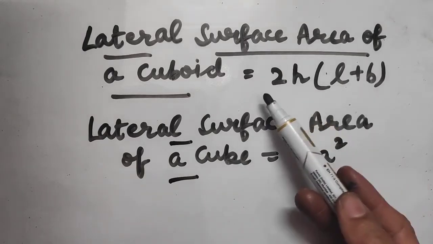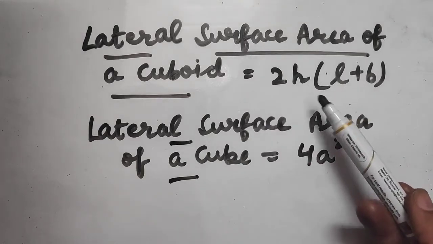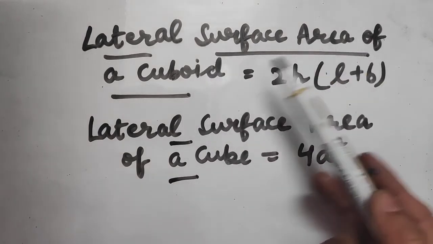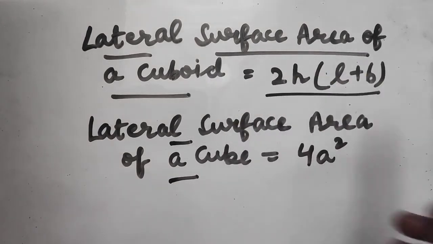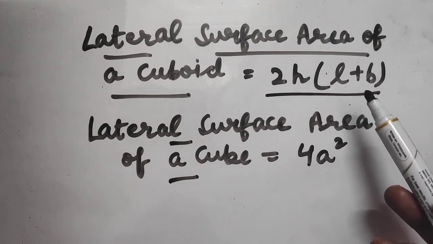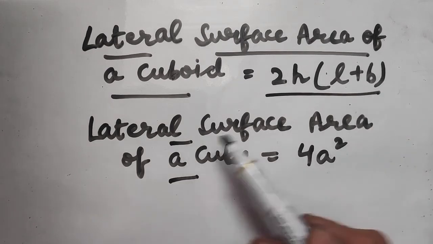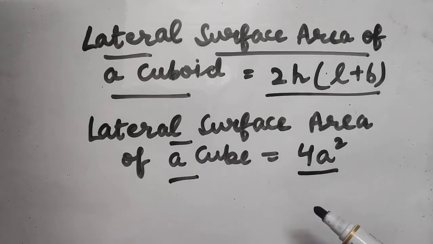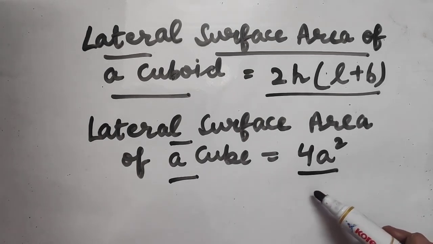Area of 4 walls will be considered as lateral surface area. So lateral surface area of a cuboid is 2H bracket L plus B. In this we have excluded top and bottom faces areas. Lateral surface of a cube is given by 4A square. In this also we have excluded top and bottom surface areas.